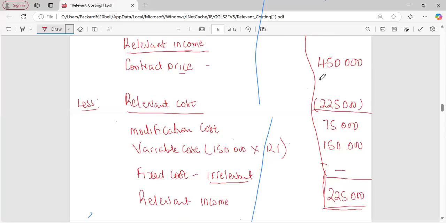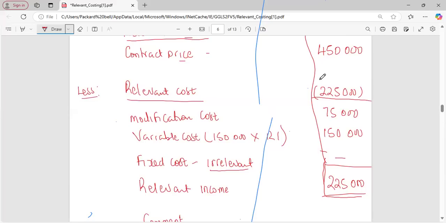In this case, the only thing that was going to stop us from accepting this order was if the contract price is less than the relevant cost. Then we're going to say there is no need for them to take the special order because the price is less than the cost that they are going to incur.